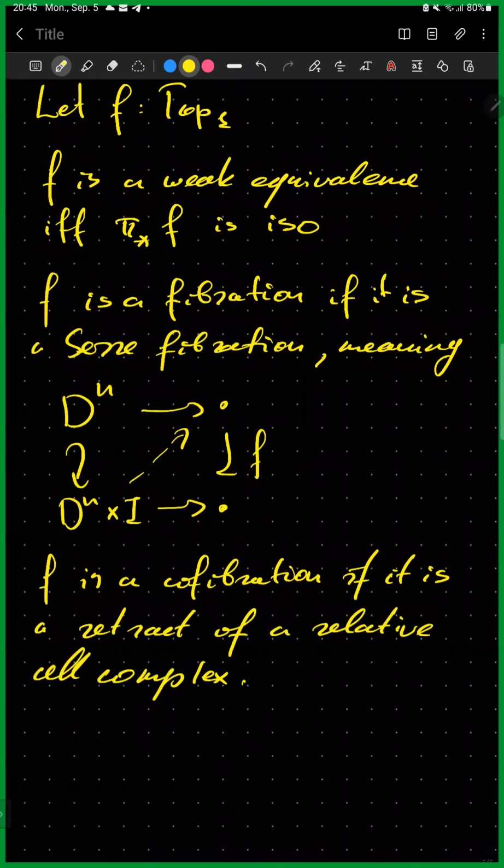Well, let me explain what is an attachment of a cell. We just consider a pushout of the following form. And then a relative cell complex is any topological space that can be obtained as a possibly transfinite composition of single cell attachments.